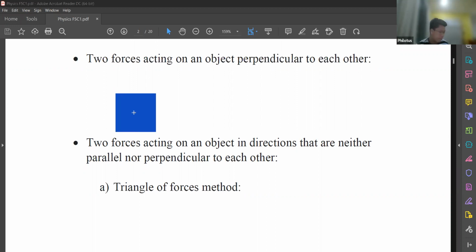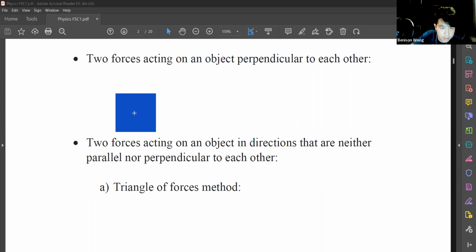Okay, let's say this is the center. You have two forces perpendicular to each other.